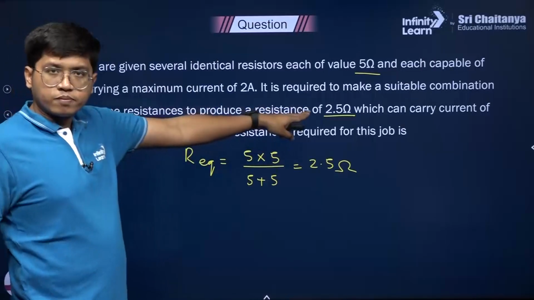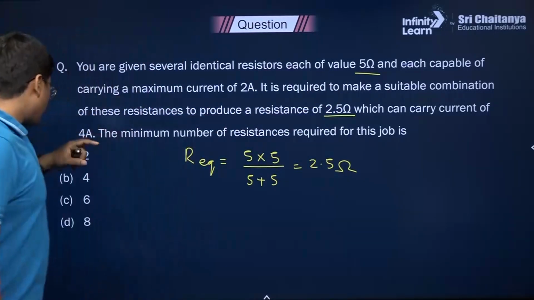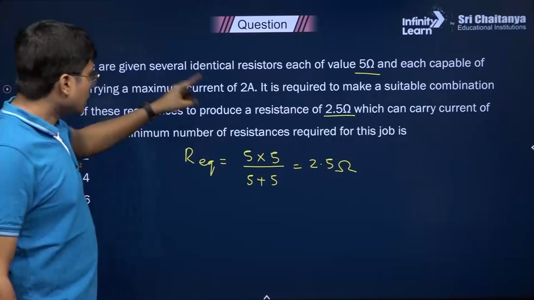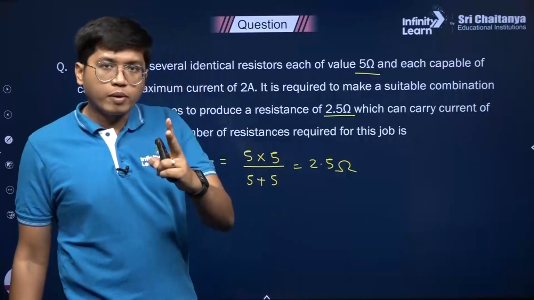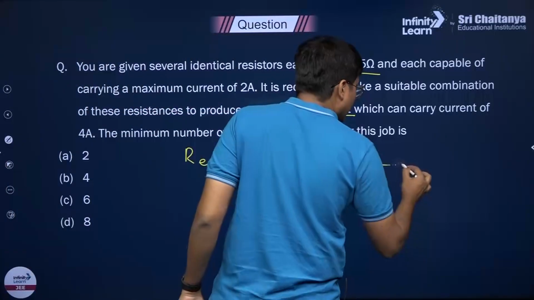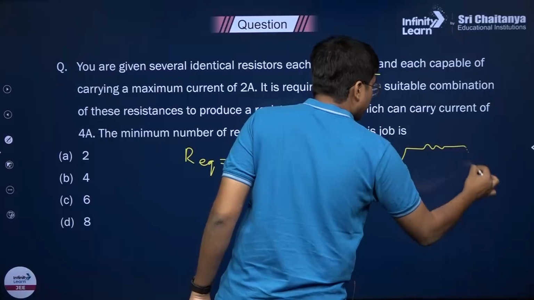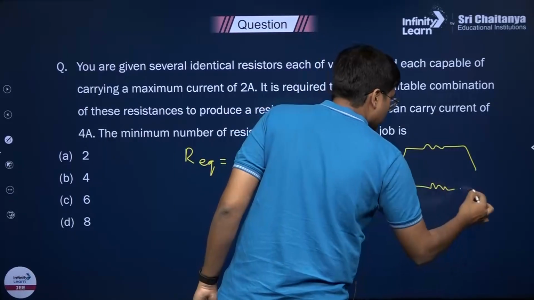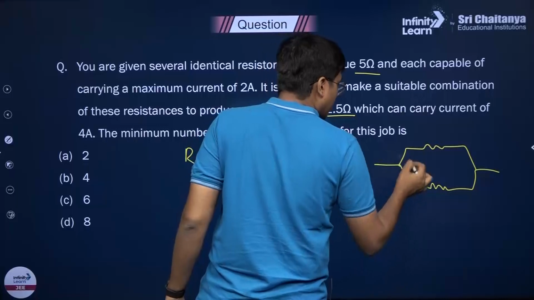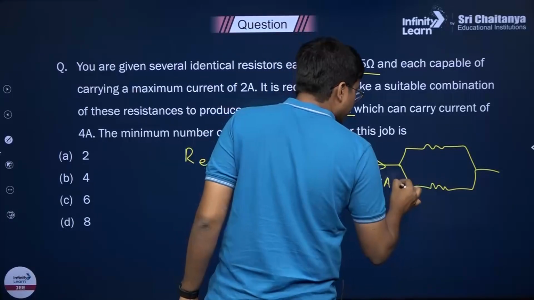So this matches. Next thing we need to match is the 4 amperes. Each one can carry a current of 2 amperes. So if a current comes in and splits up into the parallel, with both resistances in parallel, you want 4 amperes coming in here.